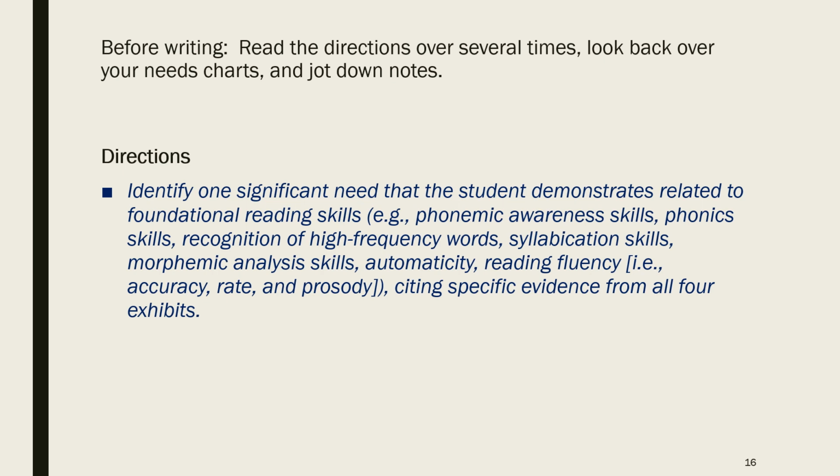So you may have a piece that has 2 or 3 needs exemplified. Be careful to just choose one. You're only being asked to choose one in the test. So that will allow you to really hone in on that and give specific evidence on that.